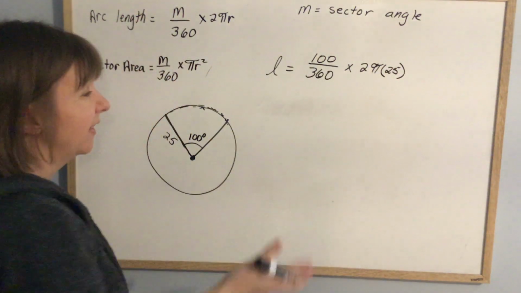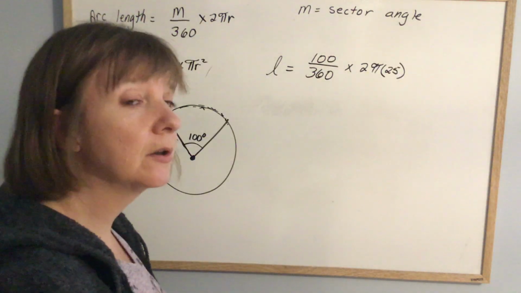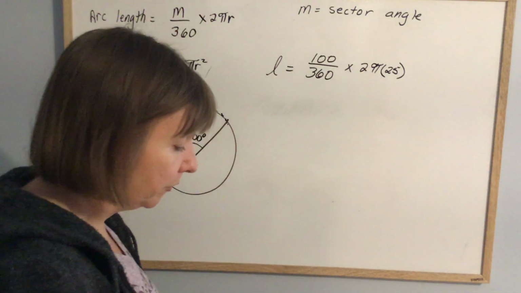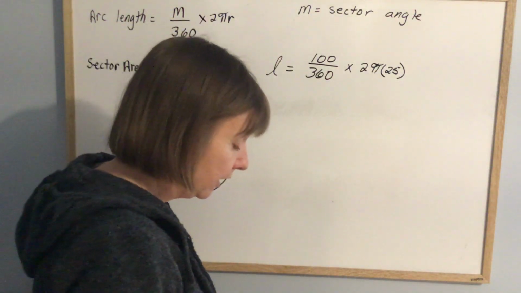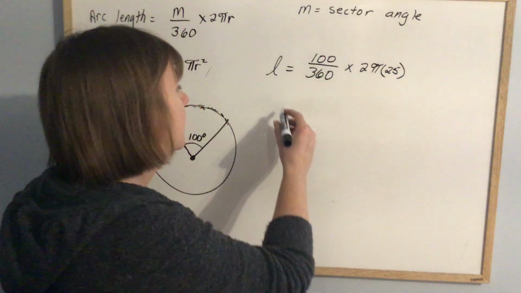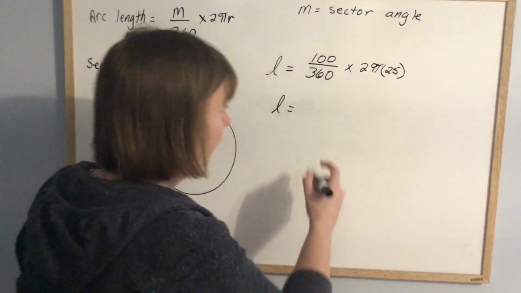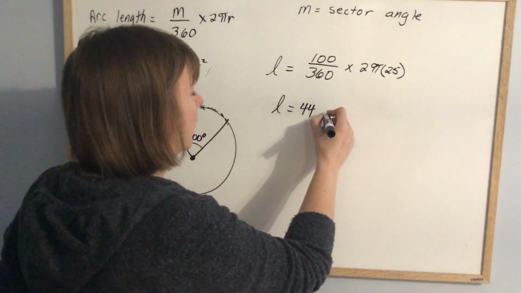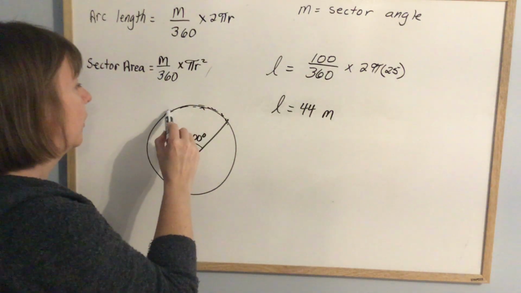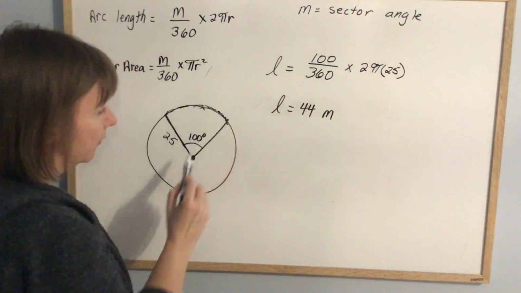Then it's just a matter of putting that in your calculator. Please use your pi button on your calculator, not just 3.14, because 3.14 will throw your answer off slightly. They said to the nearest meter, so no decimals. When they put it in their calculator, they got 44 meters. So it's throwing water 44 meters along this arc.